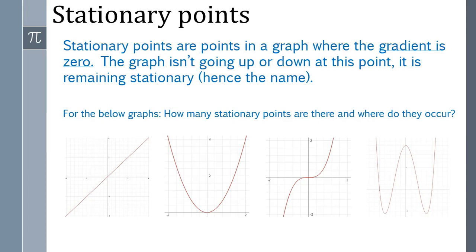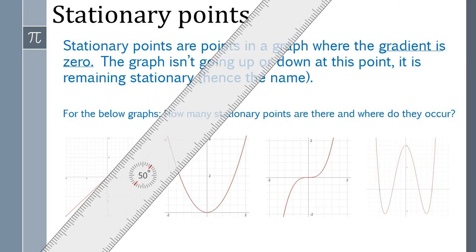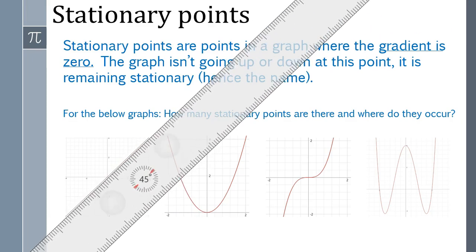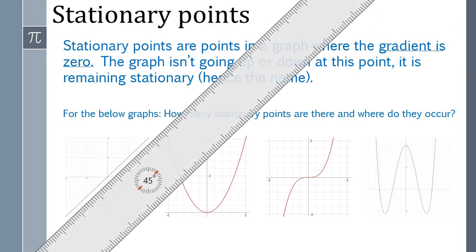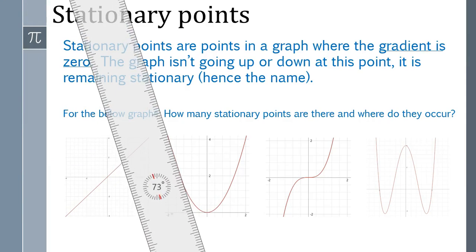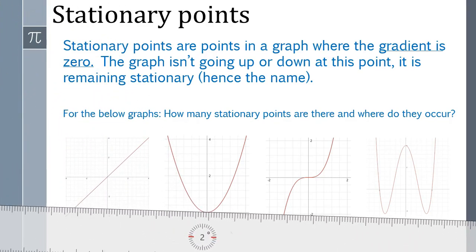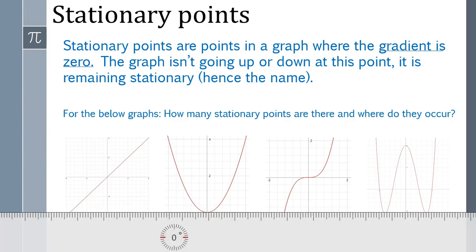So stationary points are the points on the graph where the gradient is 0. If we get our ruler out here, on this linear equation, there is no point where my ruler is flat, where the gradient is 0. On this quadratic, we can see it goes down, slopes around, and there's a point there where there is no slope, where the gradient is 0 and it's completely flat.